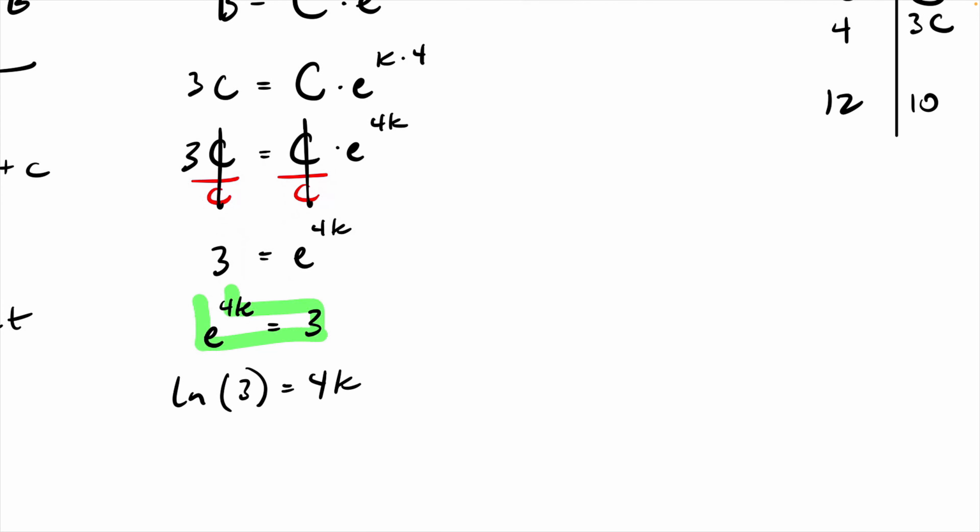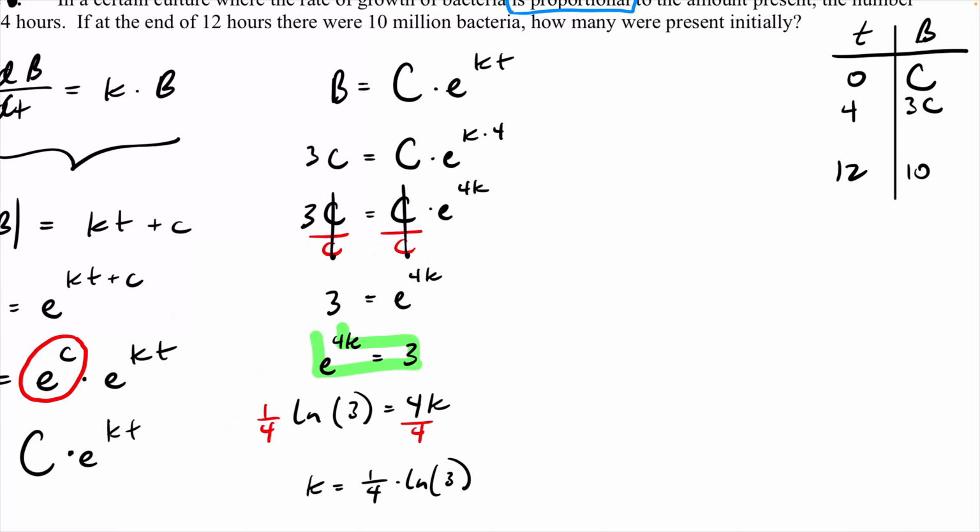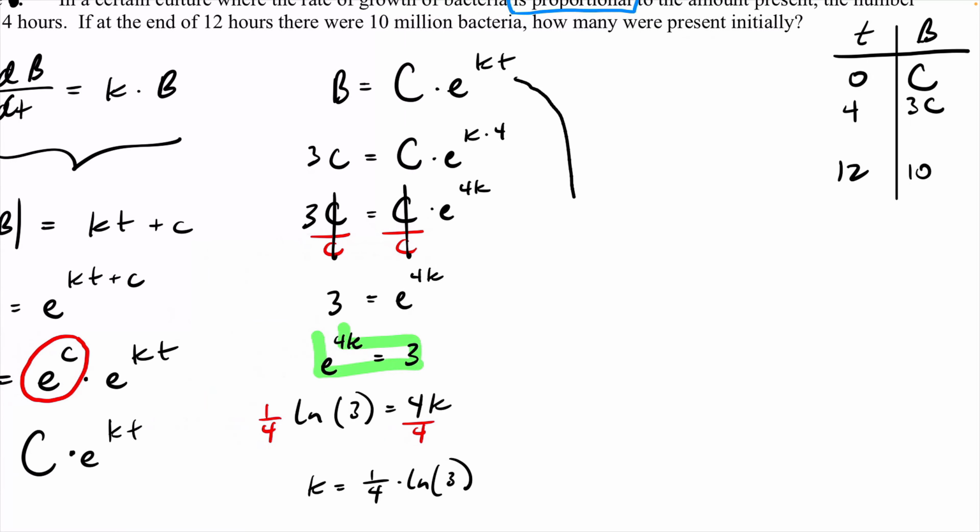Divide by 4. So I get K equals 1/4 times the natural log of 3. And let me bring this guy down. So I got B equals capital C times e to the 1/4 times natural log of 3 times t.